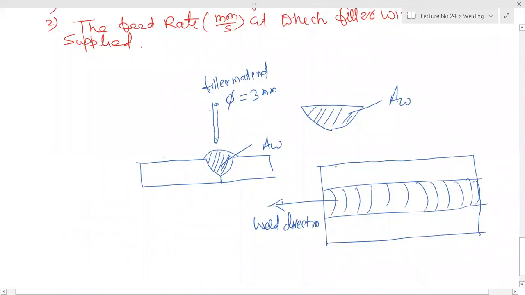AW 30.57. Yes, that is correct, Ravichandran. AW is 30.6 millimeter square. Right, this is right. But you have to calculate now the feed rate. You have to calculate feed rate.